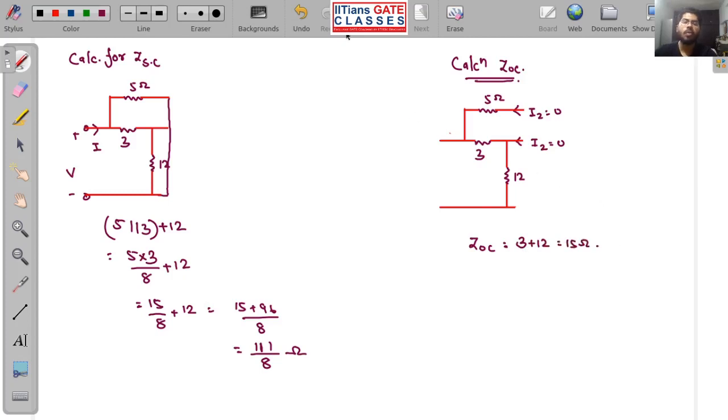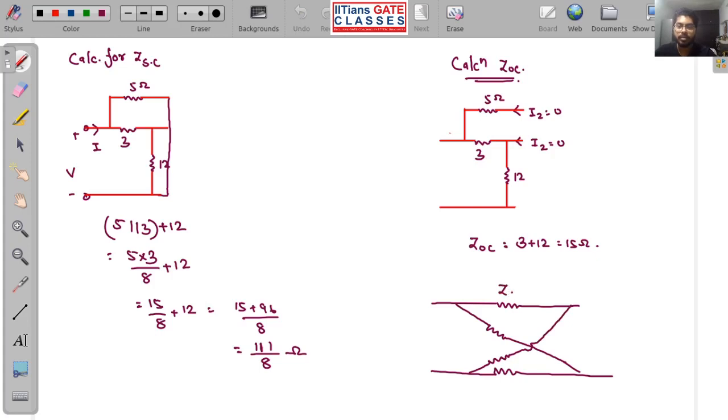Now if I want to construct my lattice network, so what I told you, where to place each of them. So this position will be my ZSC, this will be ZOC, ZOC, and this is ZSC.